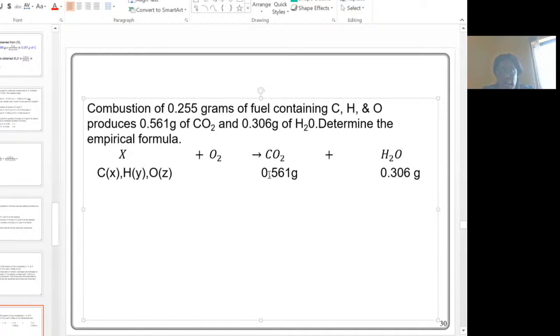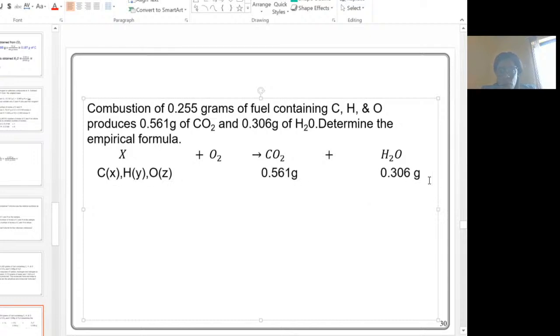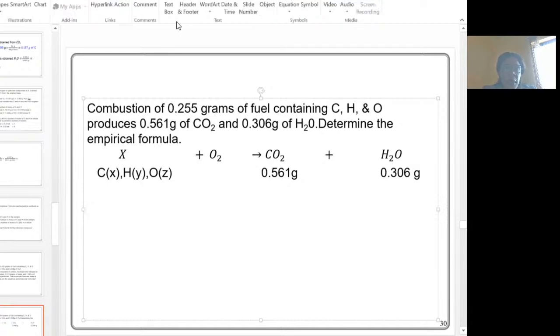So it is these quantities which will help you determine the masses of carbon and hydrogen present in X. Using the same methods, one of the two methods I've shown you, we'll now look at carbon. Let us find the mass of carbon which is present in X.